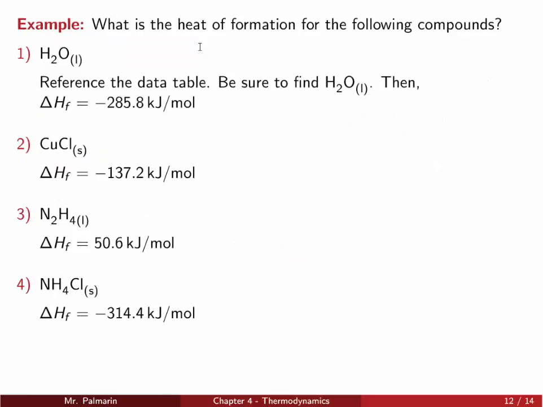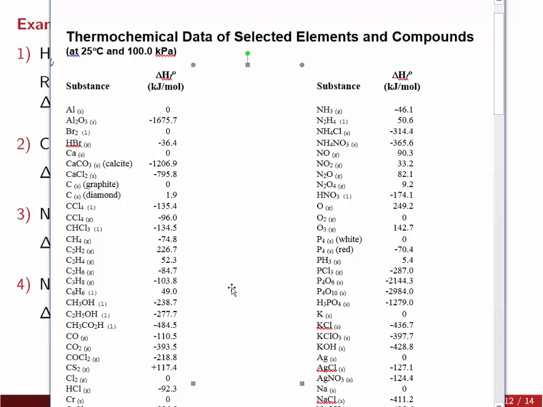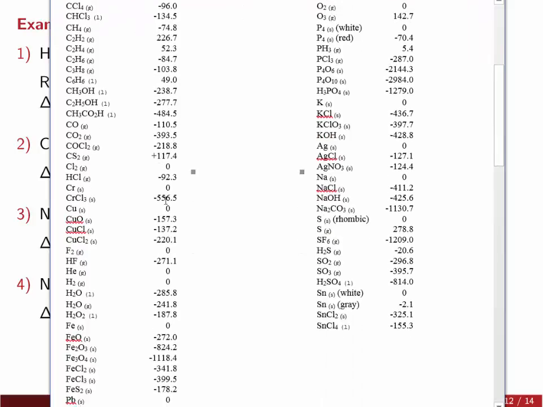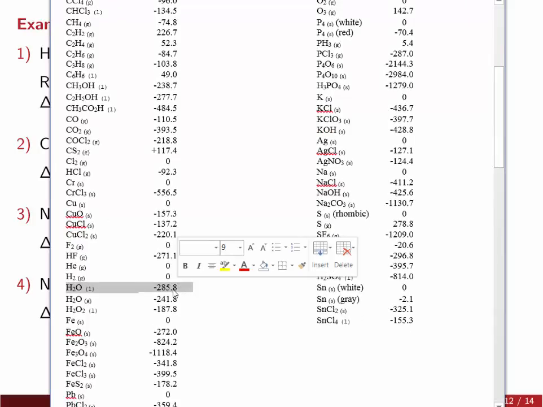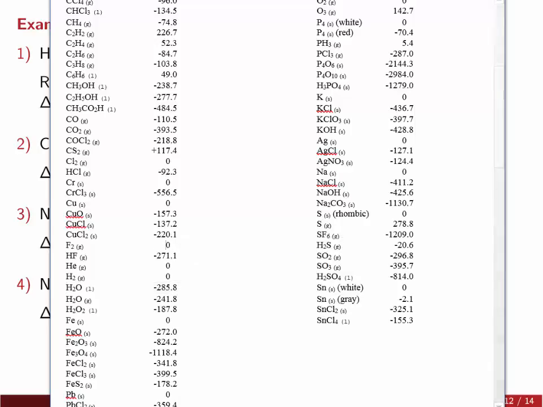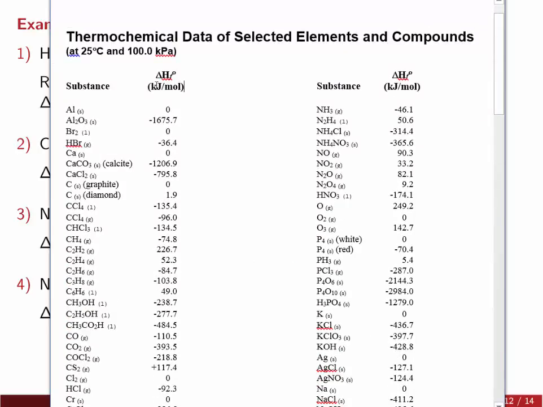When you look at these questions over here, what is the heat of formation for the following compounds? Liquid water, you reference the table. If I was to reference the table for liquid water, looking under the H's, here it is right here: negative 285.8. The unit is listed at the top in kilojoules per mole.